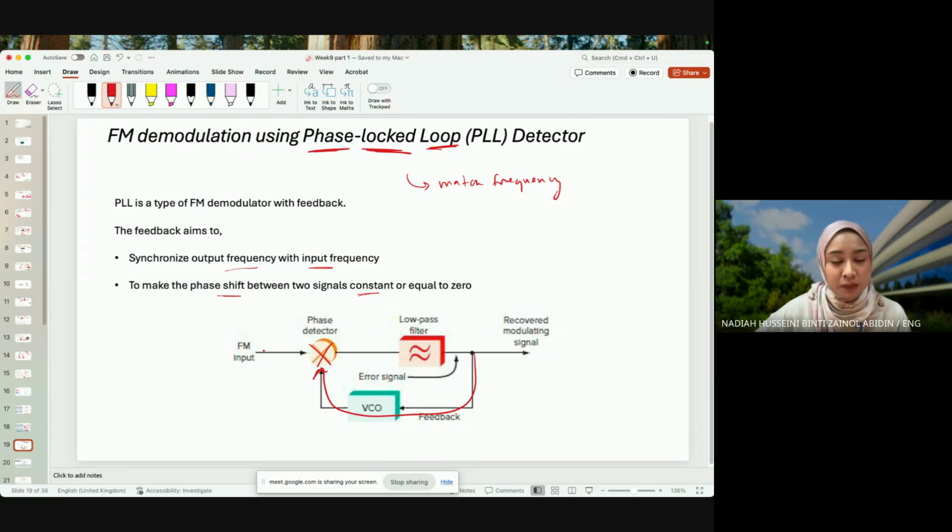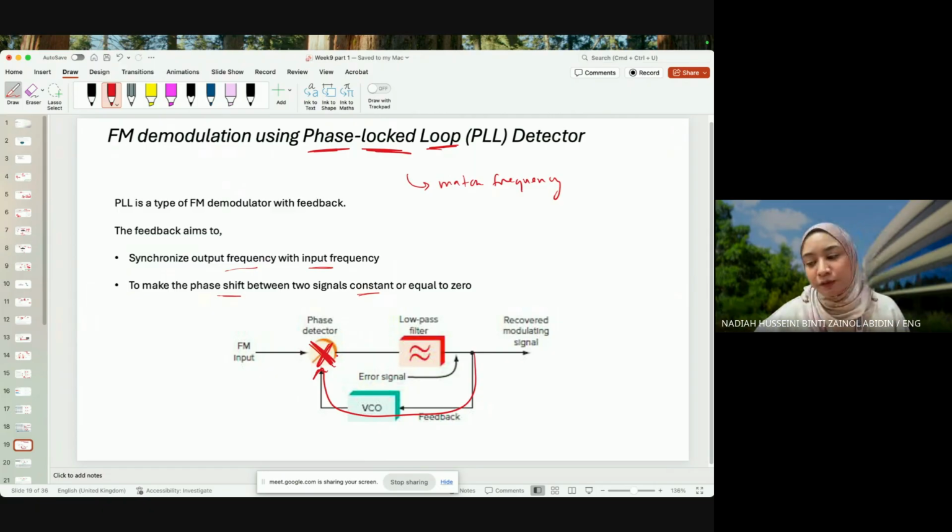We have our FM input, which is fed into a phase detector, and we know that the phase detector is a type of modulator. Even though the name is detector, remember that our modulators can function as both modulators and demodulators. This is why we have the same symbol used for the detector.